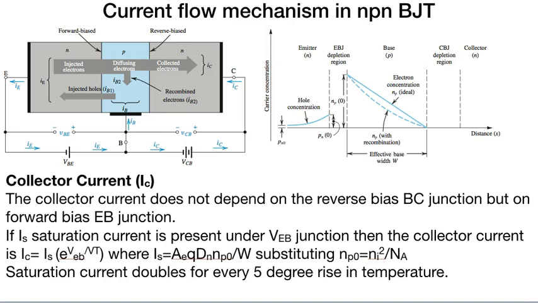Till now we were discussing the internal structure and internal charge flow of the BJT, but now, moving from charge carriers, we'll be discussing more about the currents and the other parameters.